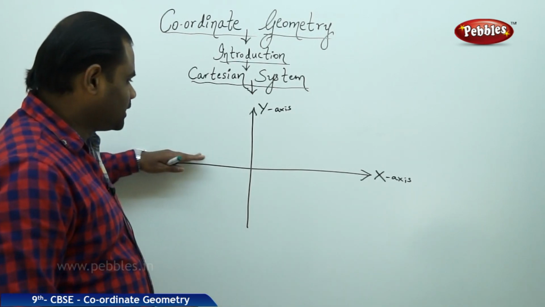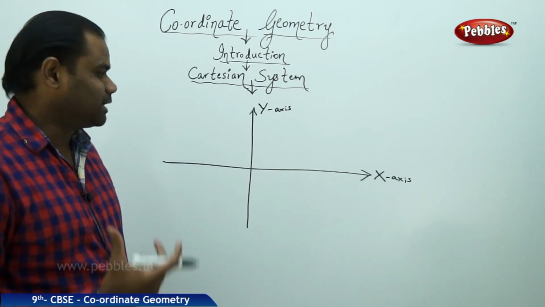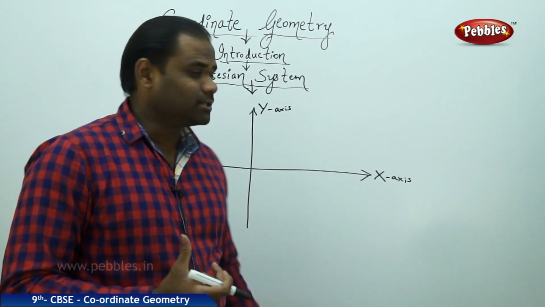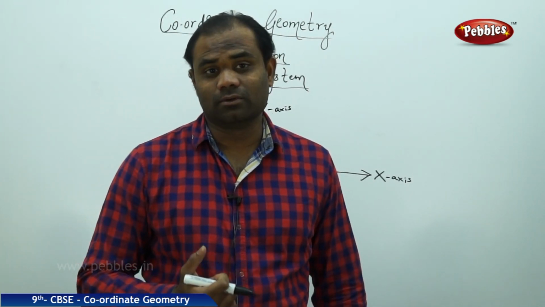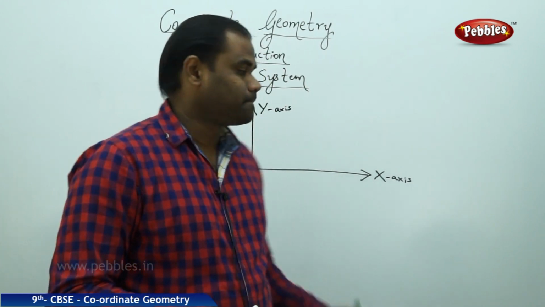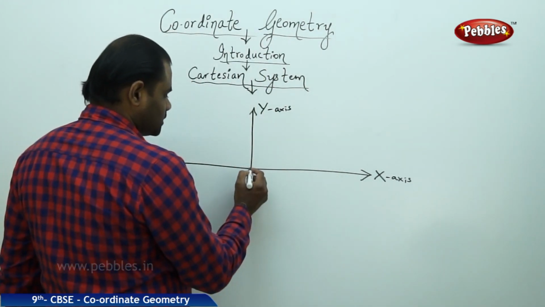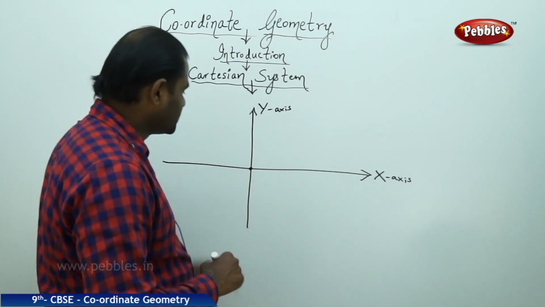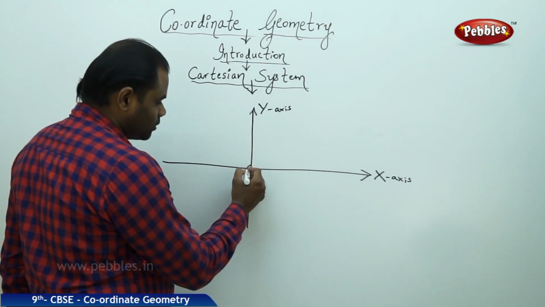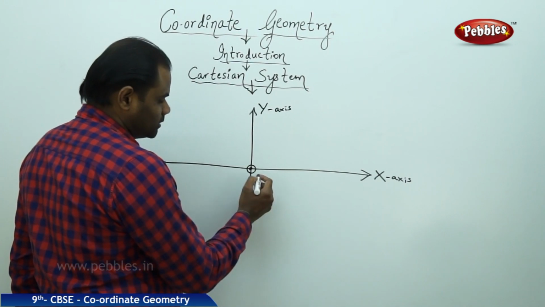The horizontal line in the Cartesian system is referred to as the x-axis, and the vertical line in the coordinate system is referred to as the y-axis. It's a rule of the coordinate system. They intersect at one point, and the point where the two perpendicular lines intersect is referred to as the origin, generally denoted by this.